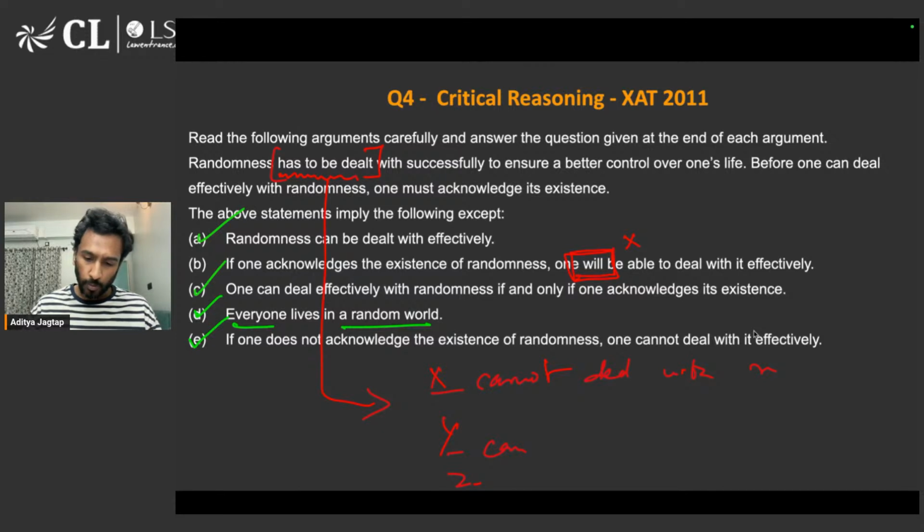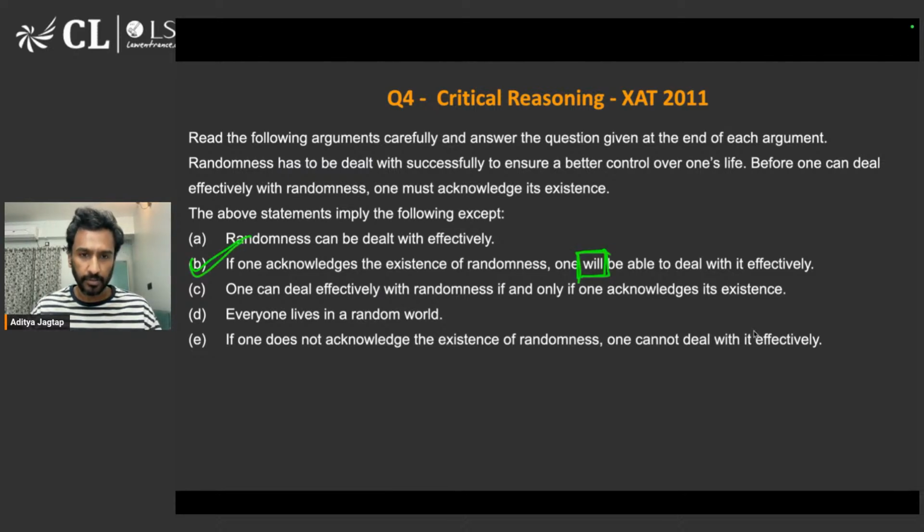So "one will be able to deal with it" tells us that any person would be able to deal with randomness, and that is not stated by the passage, right? So this one word makes option B an invalid inference. You can look at this question like it's making sure we know how to search for this one word. We have the ability to identify this specific one word.